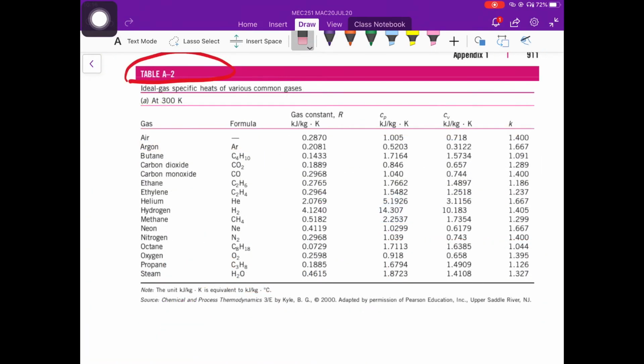Now, from the property tables at table A2, the value for the specific gas constant R for the dry air is given by 0.287 kilojoule over kilogram Kelvin, and the value for the specific gas constant R for the water vapor, the steam, is equal to 0.4615 kilojoule over kilogram Kelvin.